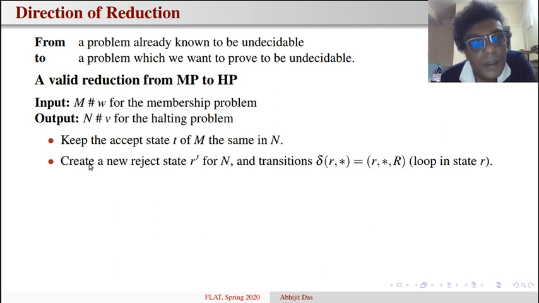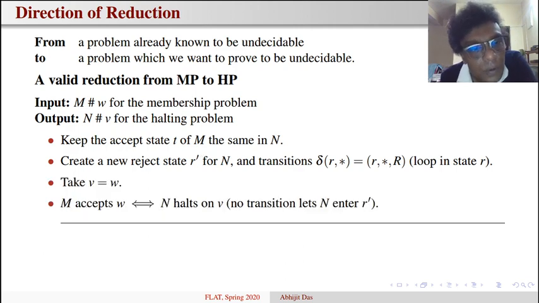Instead, you create a new reject state R prime for N, and whenever M goes to the state R, then irrespective of whatever is on the tape, it will keep on looping. So it will stay in state R. We do not propose any transition that lets N go to the new reject state R prime. And as usual, you take V equal to W.